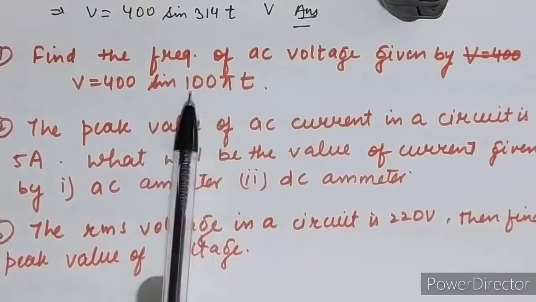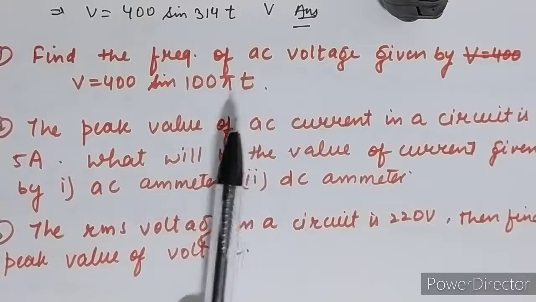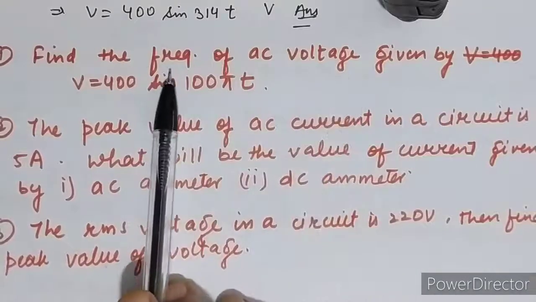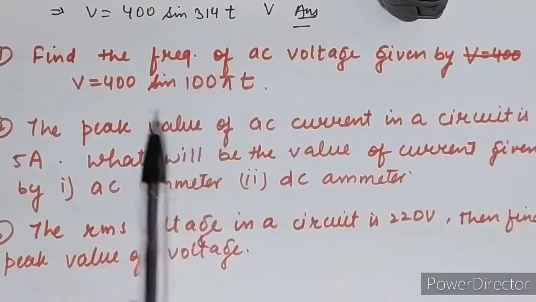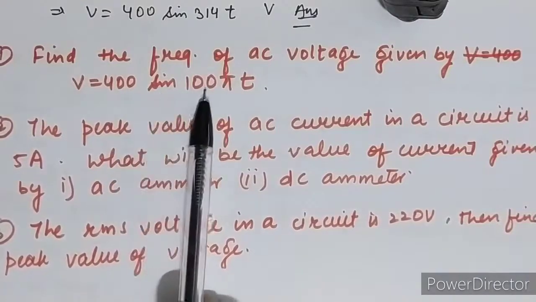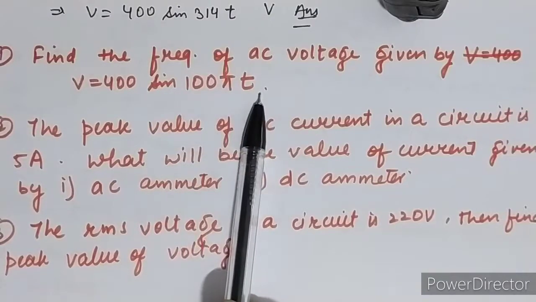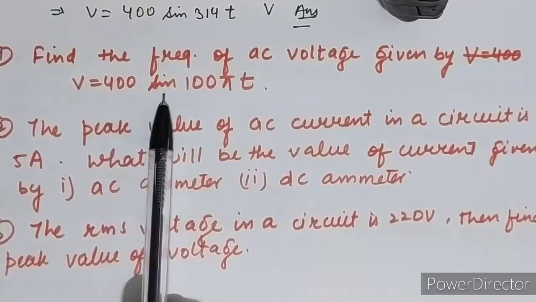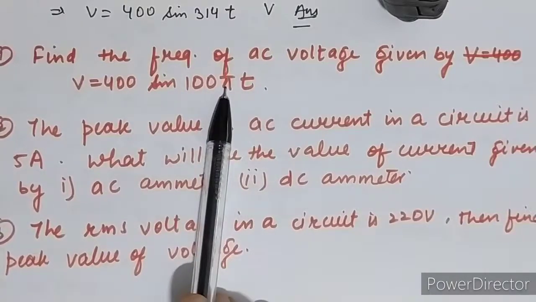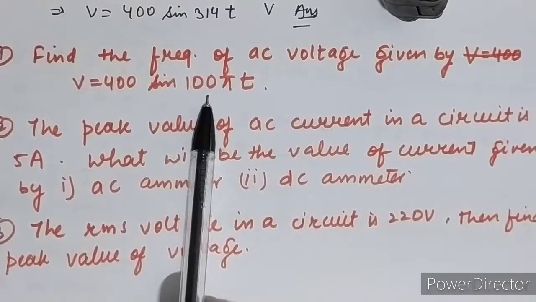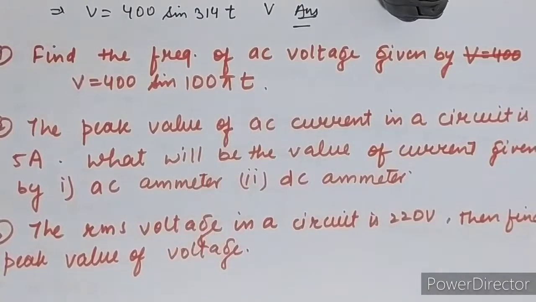Omega is 2 pi f into t, and what has been asked is the frequency, so 2 pi f. I am comparing this with Vm sin 2 pi f t. It means Vm is 400 and sin 100 pi t. So 2 pi f is equal to 100 pi, beta. From here you can easily calculate the value of frequency.